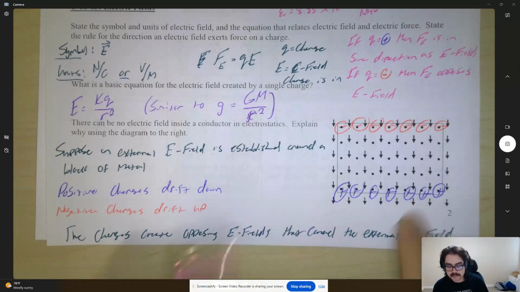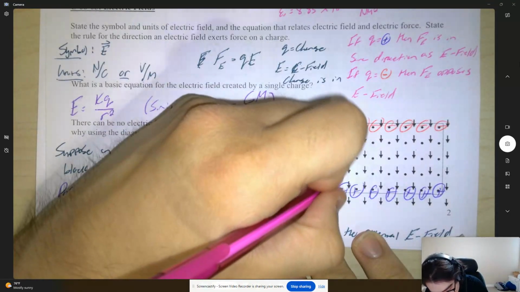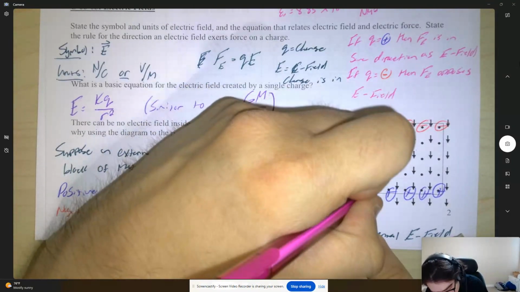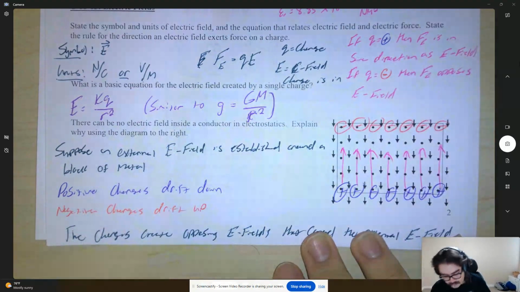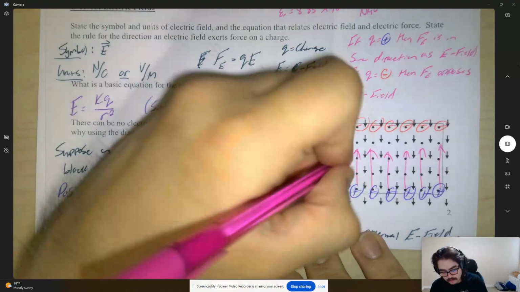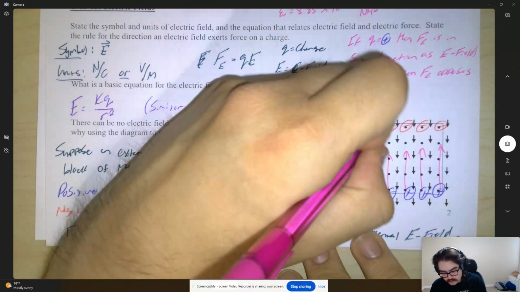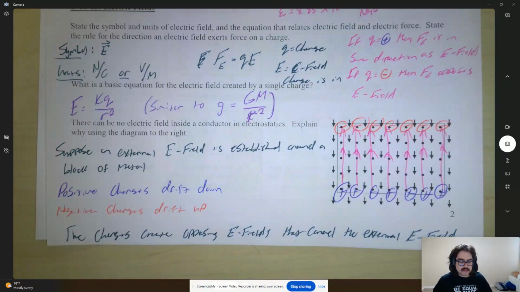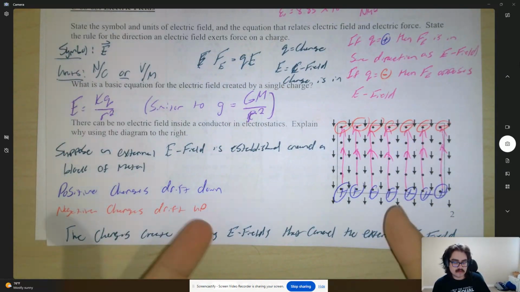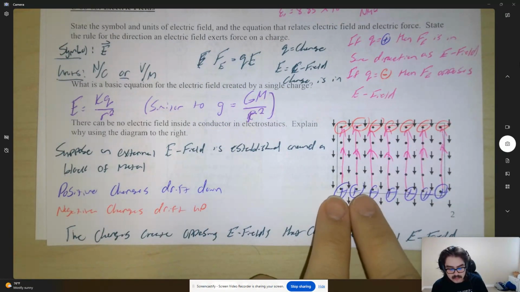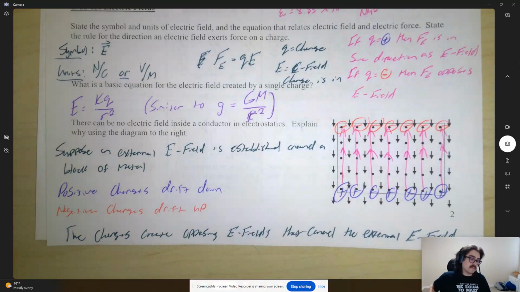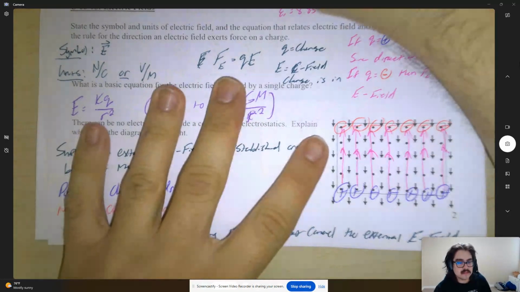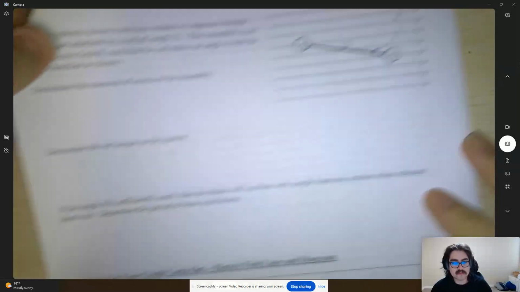Electric field always goes from positive to negative, so the electric field would go up that way. It would obviously go all the way; I just didn't draw the arrows all the way. It cancels out the external E fields, and that's why there's no E field inside of a conductor.